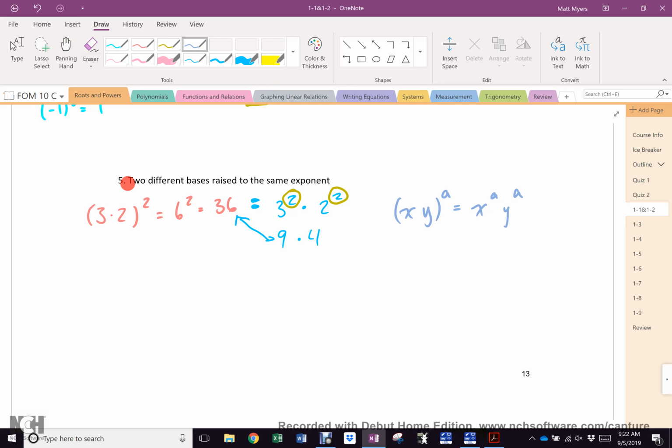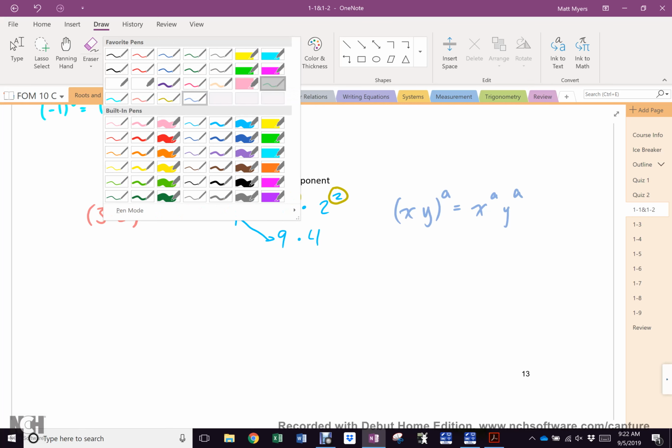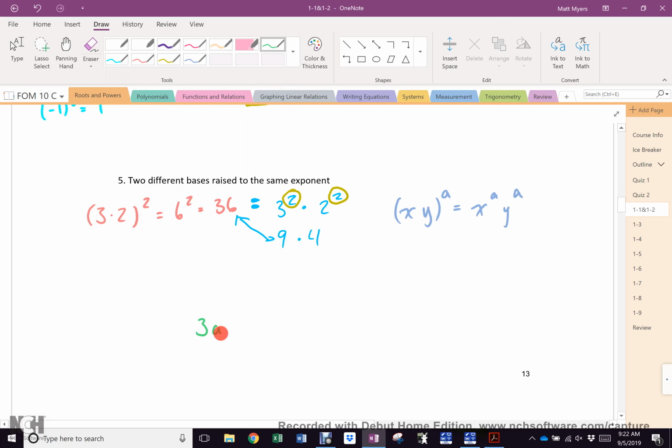Cool? So if I gave you this, and this you should write down, 3a squared b cubed, all squared, what would that answer be? 3 squared, a to the 4, and b to the 6.